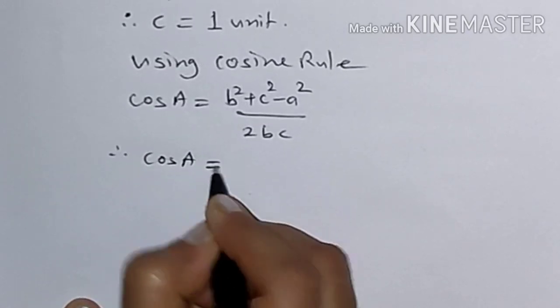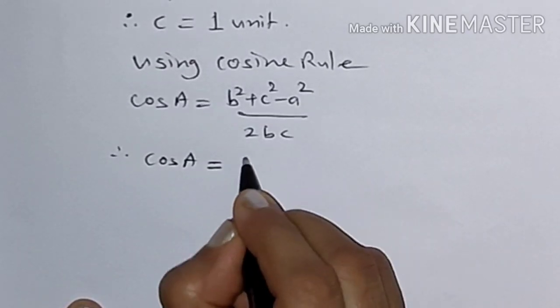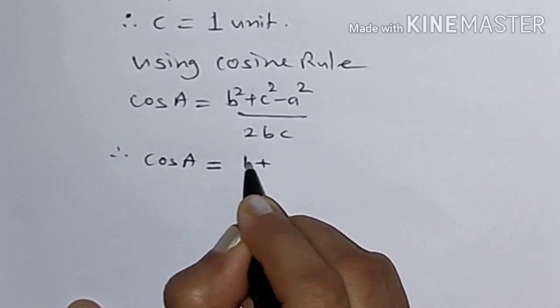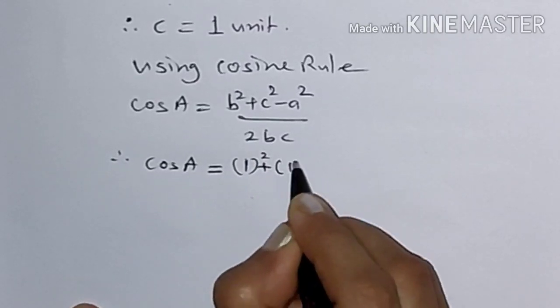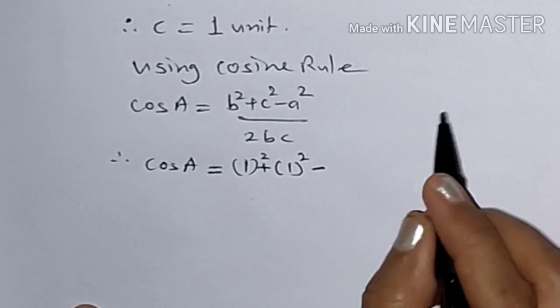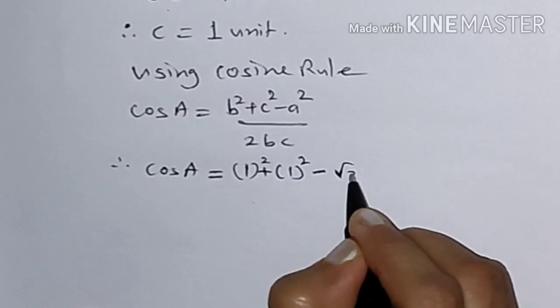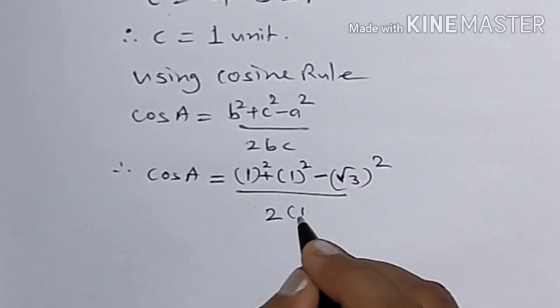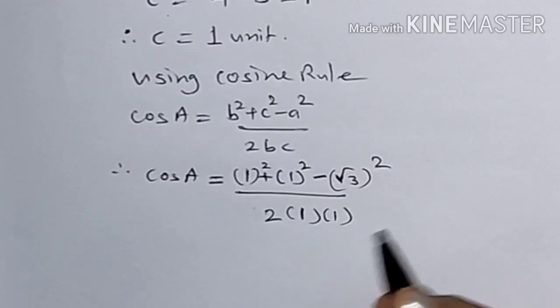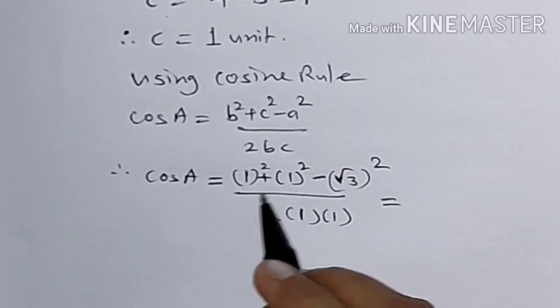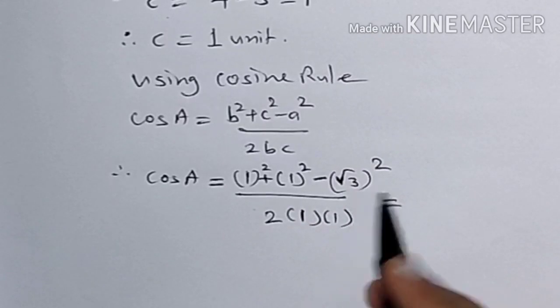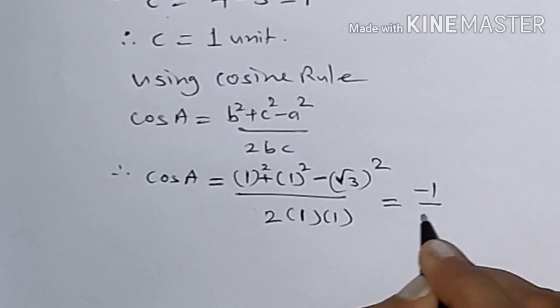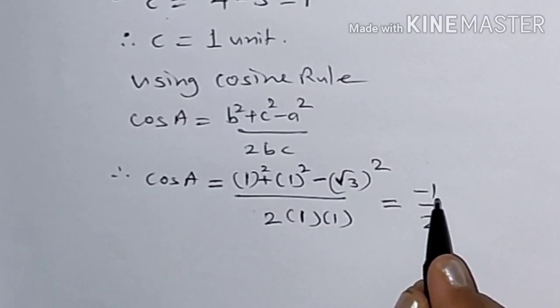So cos A is equal to, the value of b is 1, c is 1, and a is equal to root 3. So 1 square plus 1 square minus root 3 square upon 2 into 1 into 1. Simplifying this further, we get 2 minus 3, that is minus 1 upon 2.